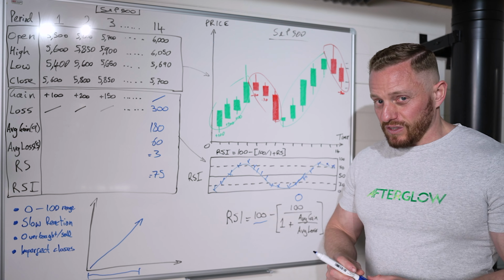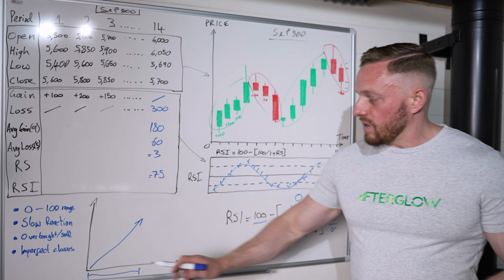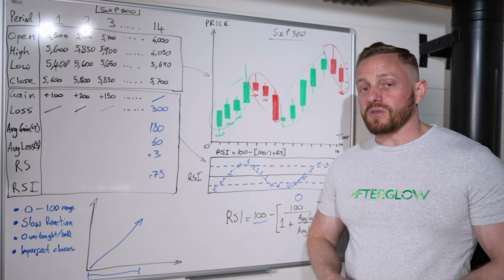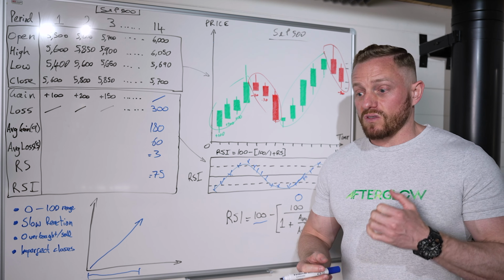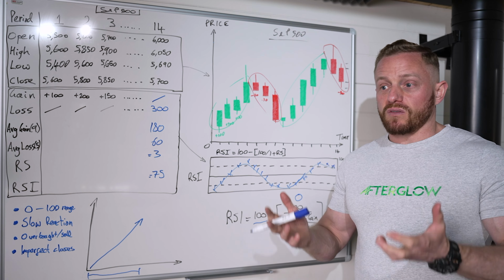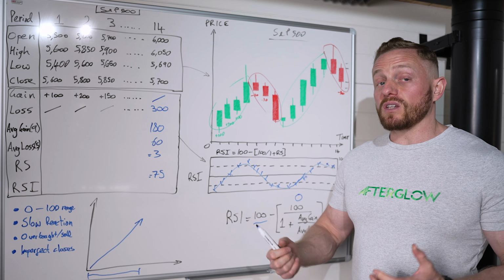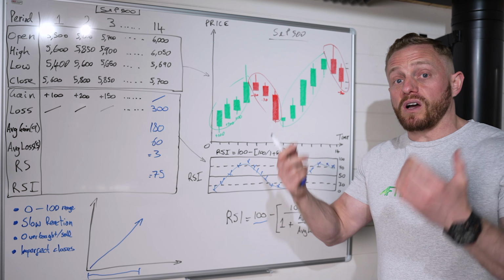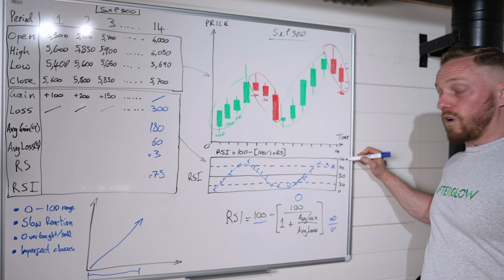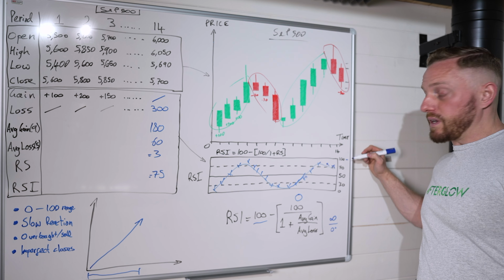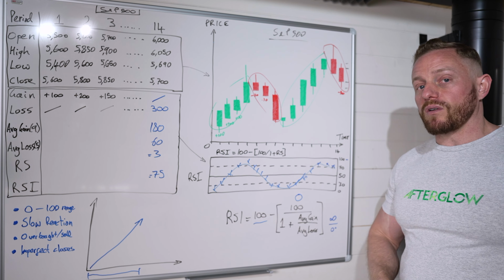And intuitively, that makes sense, because if price is pumping hard to the upside and RSI is this kind of relative comparison of gains and losses and a measure of momentum, then you would expect RSI to have a high number and be towards the top of the range at 100. So that's why RSI is at the top.